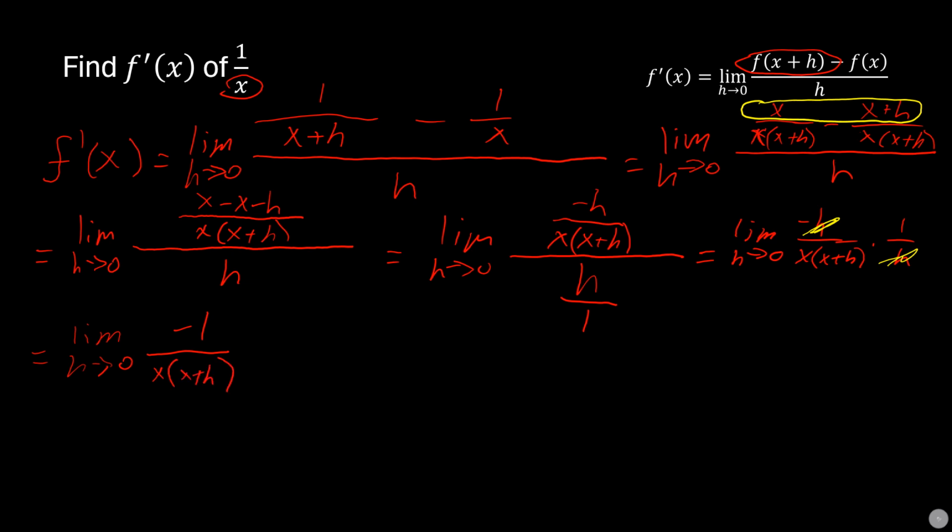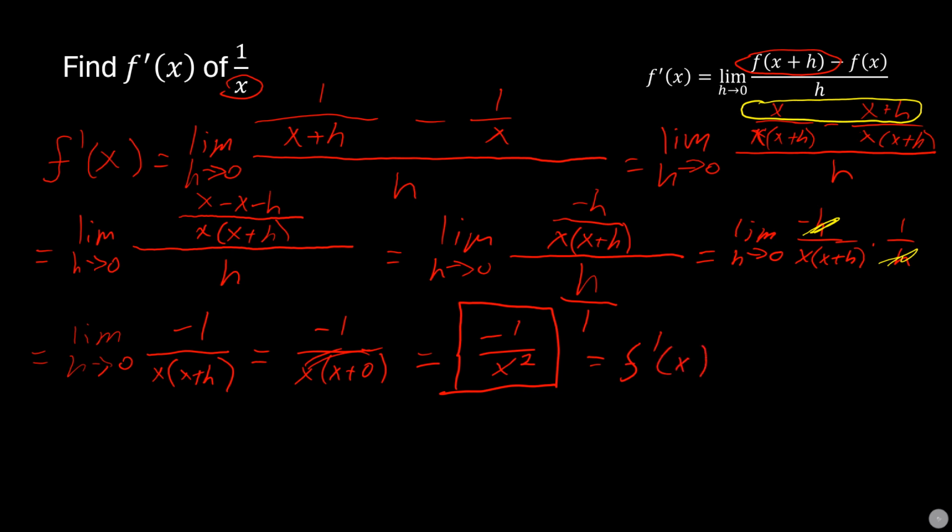At this point, you can substitute because it won't be 0 over 0 anymore. So that would equal negative 1 over x times x plus 0, or once you multiply that out, negative 1 over x squared. And there you go. There's your derivative of 1 over x.